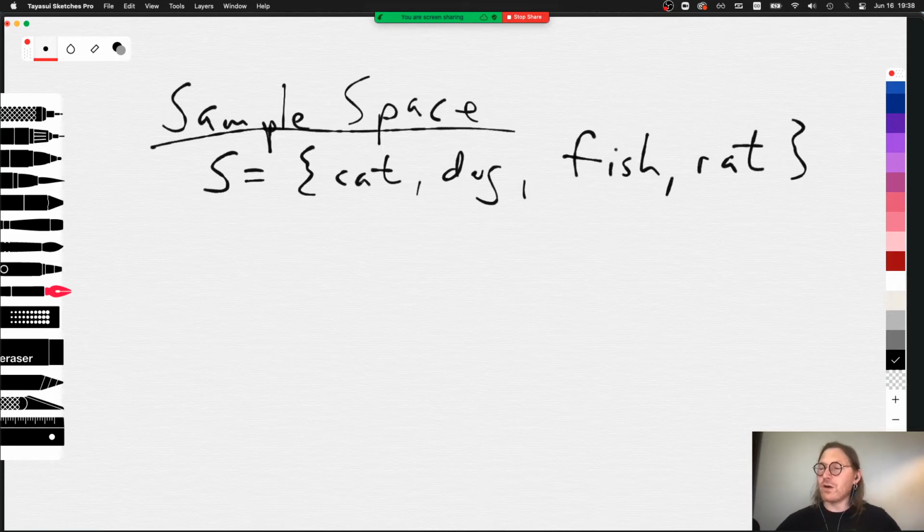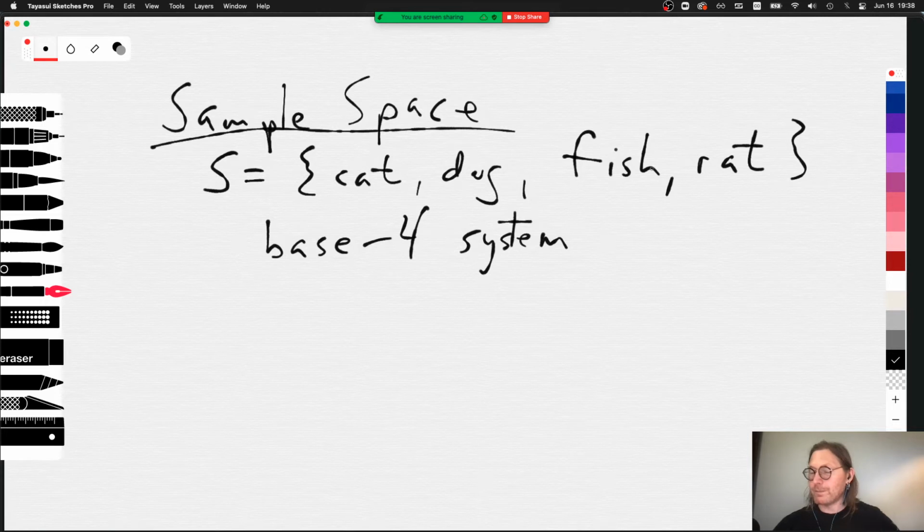We can think of these 4 elements as being numbers in a numbering system with base 4. This is going to give us rationale for what we call a base 4 system, and I'll be using that kind of language.